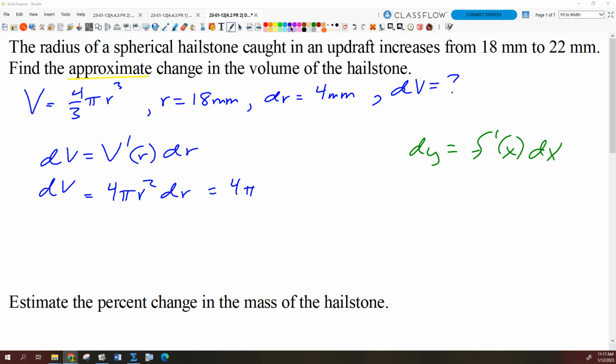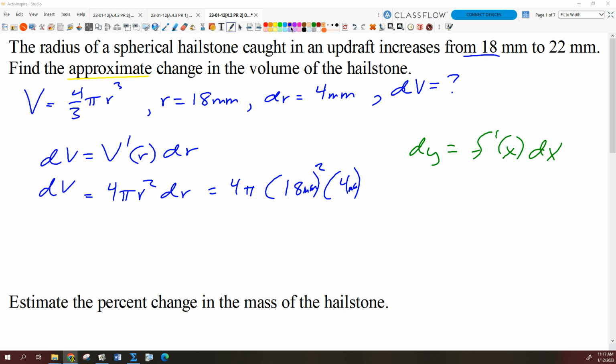We get 4 pi times 18 squared times 4. If I want to put the units in, I have millimeters there and millimeters there, because that's what we started with. We started at a value of 18 and we bumped to 22.